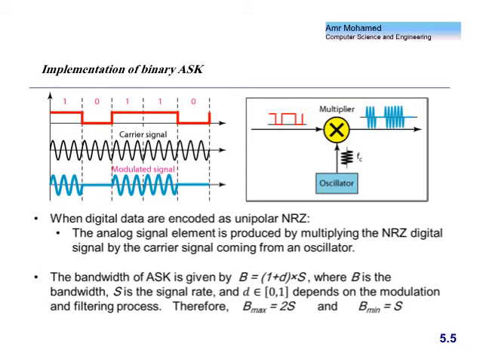And that happens, as we said, using perfect circuit, where the filtering is perfect, and in which case d is 0. But this is not always the case, and this is what we call the maximum bandwidth. Okay, so the maximum bandwidth for this modulated signal will be 2s. And this happens if d is equal to 1. And d is always between 0 and 1. Okay?